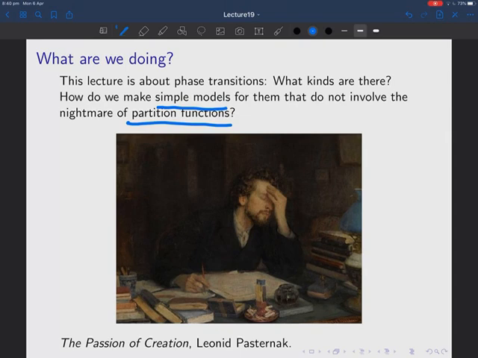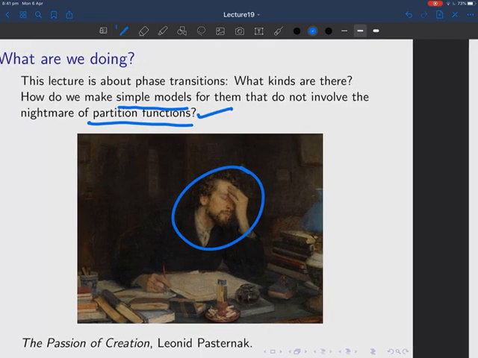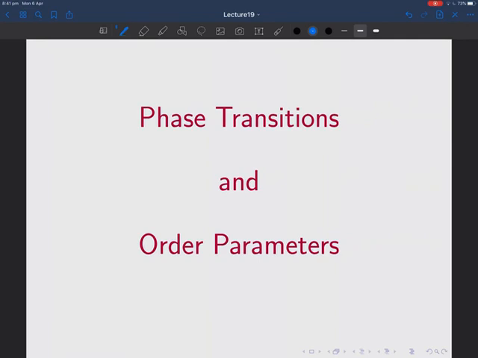Unfortunately, cranking the handle is not trivial. And for most systems, we can never really properly analyze them in terms of partition functions, even though they do give us the right answer. So the idea is you try and short circuit things and come up with simple approximate models which give you lots of information but don't involve the horrible nightmare that is the partition function. And that's what we're going to try and do here.